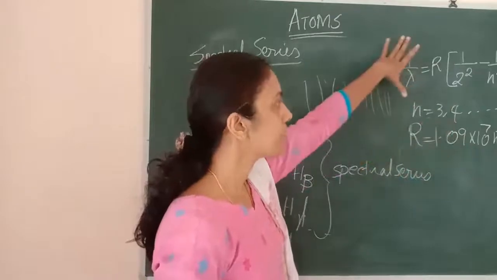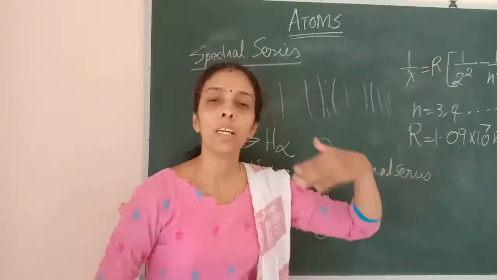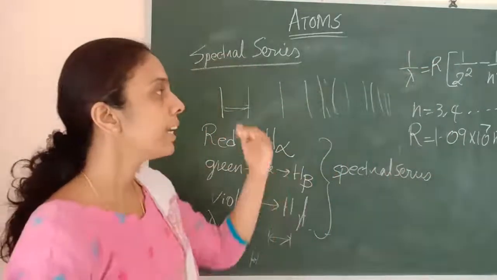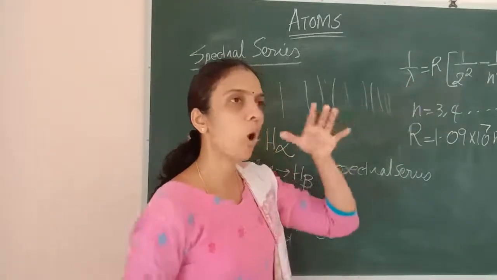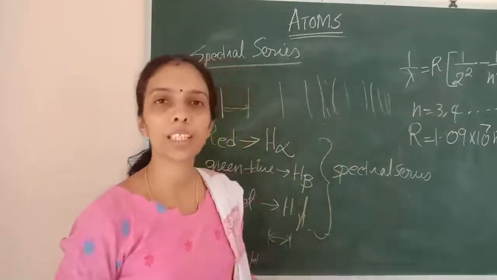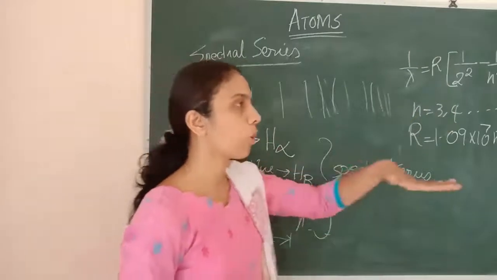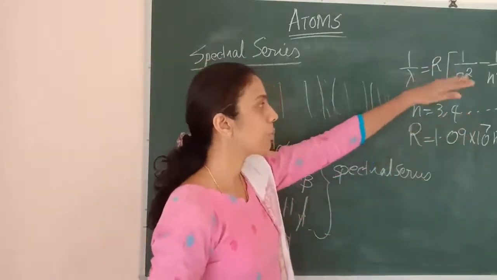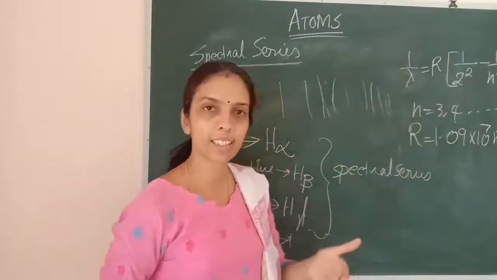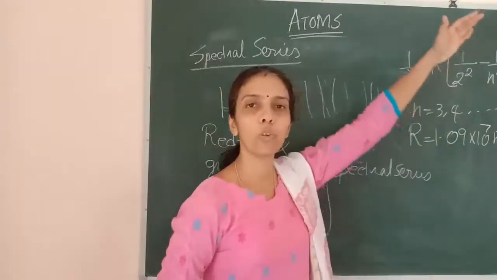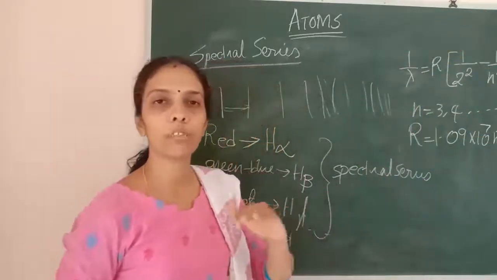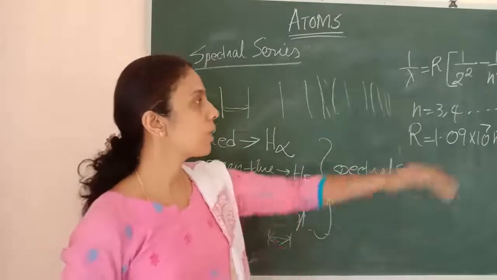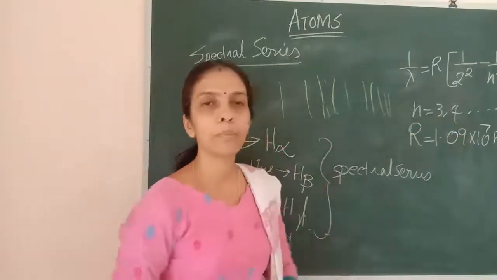He substituted these values and gave different wavelengths. For the spectral lines coming from the third orbit to the second orbit, the wavelength will be like this, and for the fourth orbit to the second orbit, it will be another value.